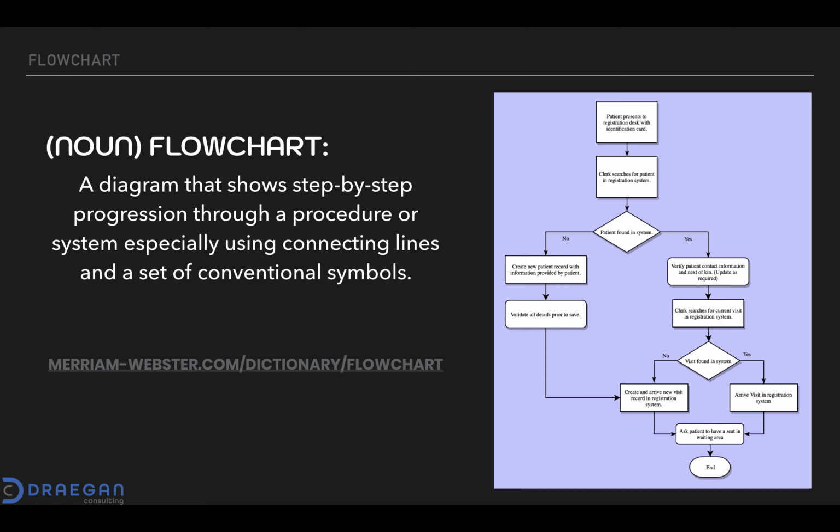And then you'll see a triangle that's illustrated as the third step, and that's a decision point. That is an indication that the flowchart path can take two different pathways. The one on the right is if the patient was indeed found in the system, and there is a process for matching to make sure that the record that was found is the person that's in front of you.